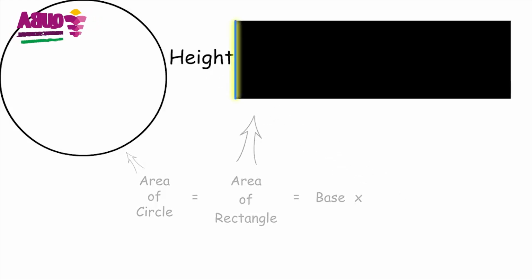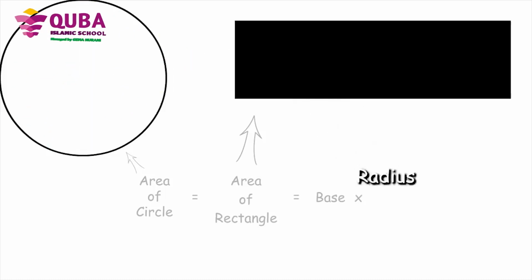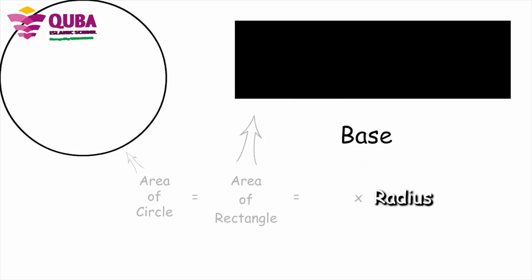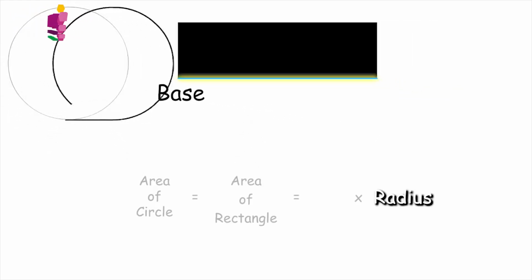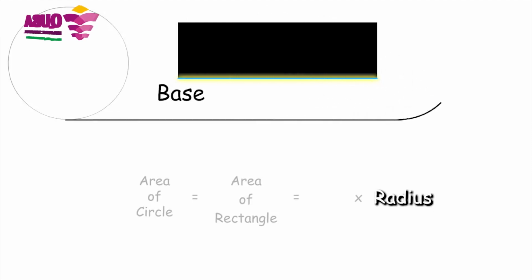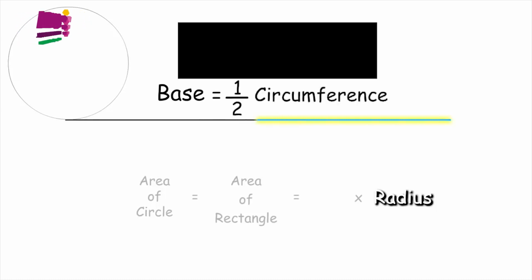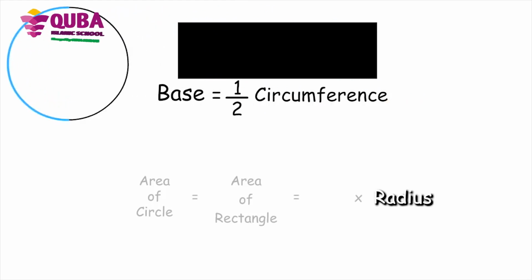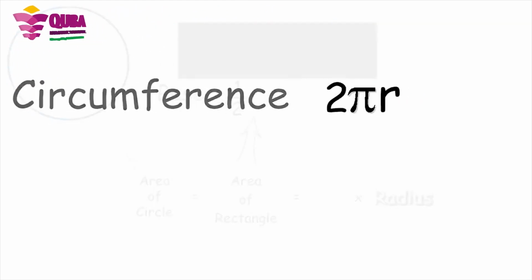The height of the rectangle, as you can see, is the same as the radius, so height is equal to radius. To find the base, we need to look at the circumference of the circle. When we compare the base and the circumference, we can see that the base is equal to 1/2 the circumference. Remember that the circumference is equal to 2 pi r.